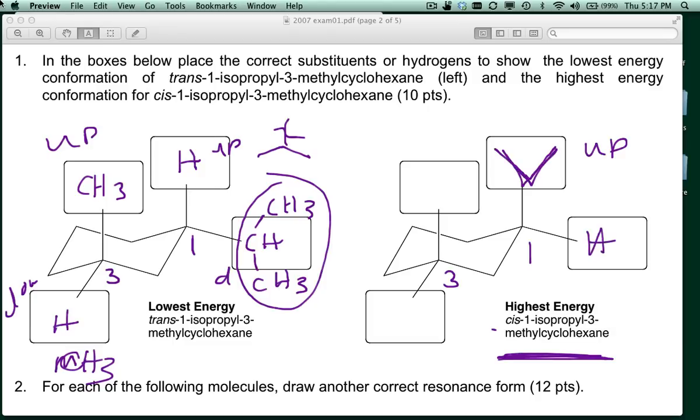And hydrogen here. And if it's on the same side of the ring, I have to have the methyl group up and hydrogen here. That's the highest energy conformation because they're both axial. Or otherwise they'd both be equatorial. They'd both be in the down positions. Okay? Questions?